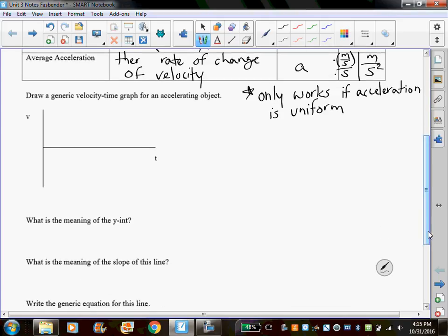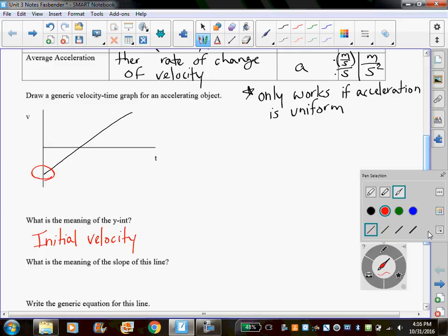So let's draw a generic velocity versus time graph for an accelerating object. So maybe something like that. We have different parts of these graphs that we're always very interested in, one of which is the y-intercept. So our y-intercept right here tells us the initial velocity of the object.